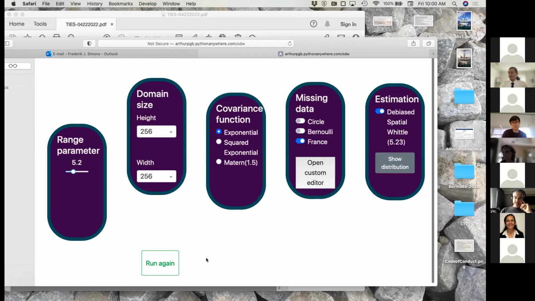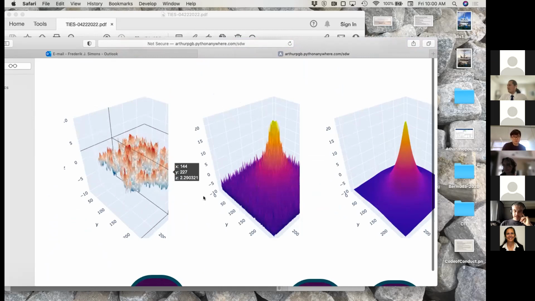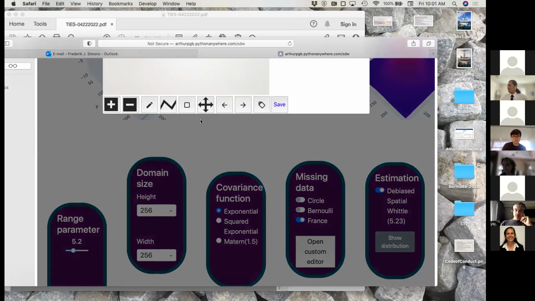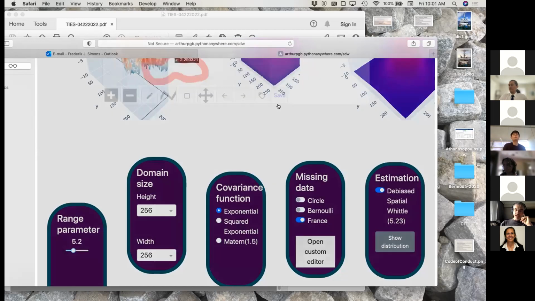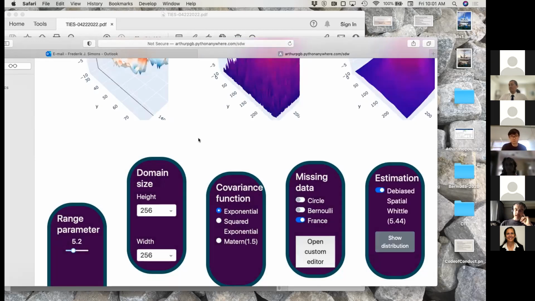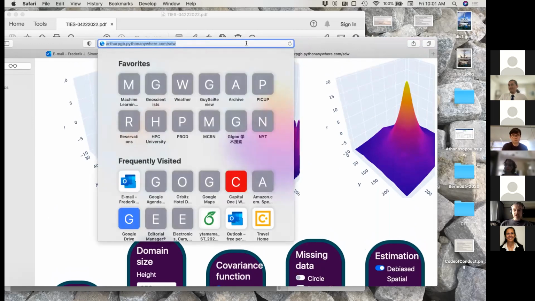There is this play thing here, and France is in here. There is a little editor by which you can draw shapes and then run again, and you can see interactively what the effect is as I've just cut out a piece or left a piece. So I'm going to put that in the chat.